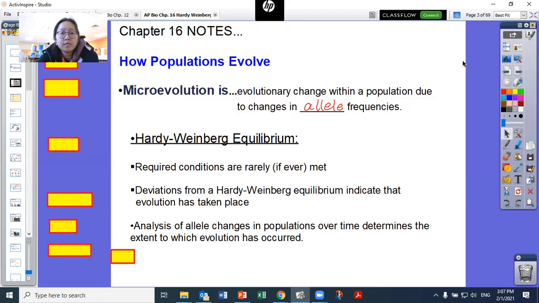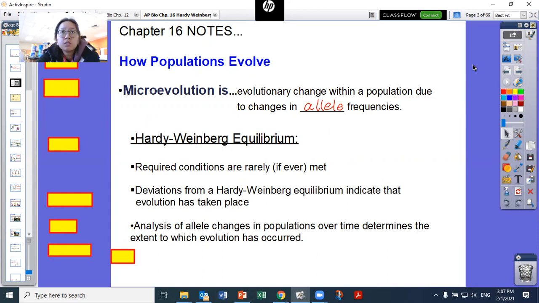Microevolution is an evolutionary change within a population due to a change in allele frequencies. And so we talked about alleles, right? When we talked about the capital B, lowercase b. In every population, there is a percentage of alleles for each type of allele for one gene.